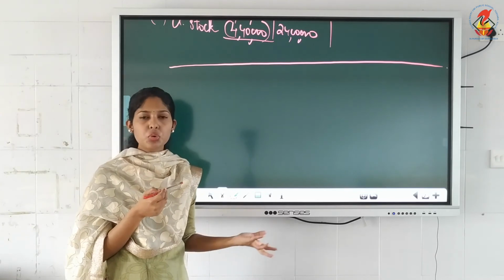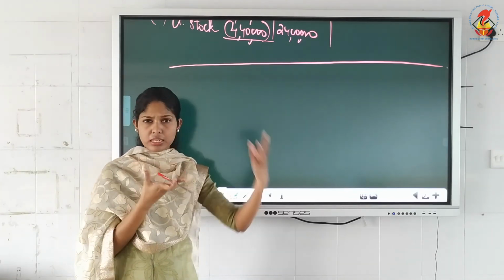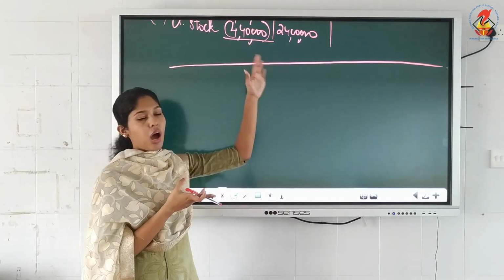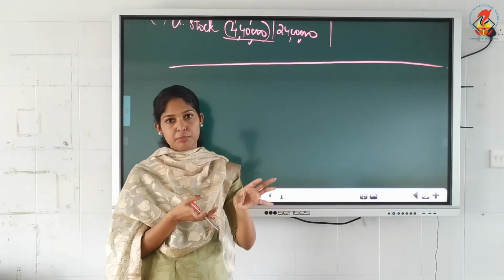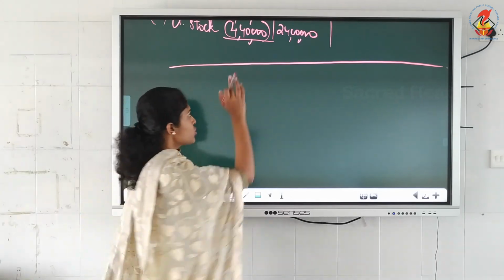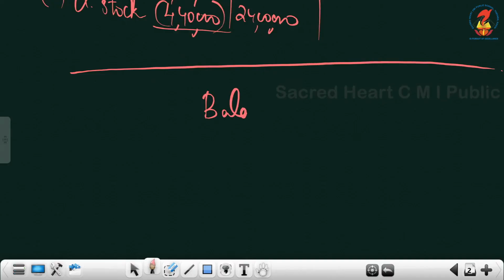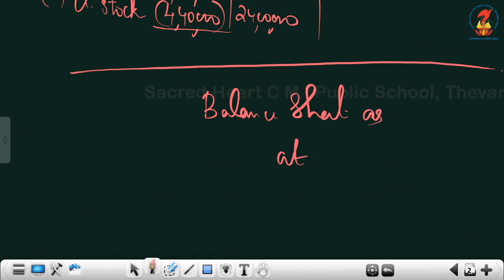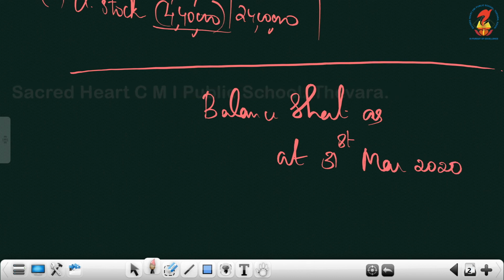In this question we don't need all that because we are not doing the entire question. We are just showing how these particular items will appear. It will not tally, and you need not find any balance, just show that particular item. Then the balance sheet, the closing one, as at 31st March 2020.